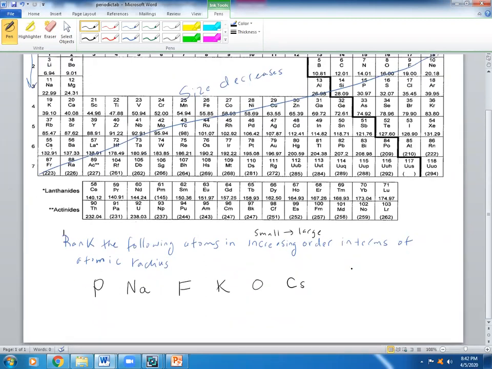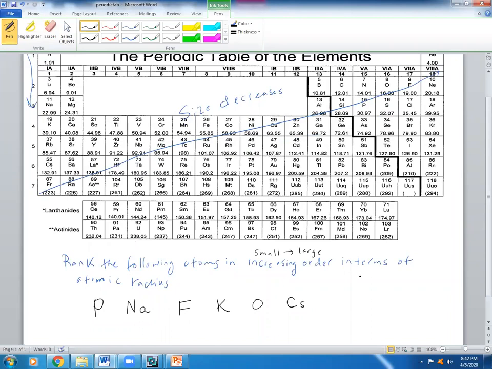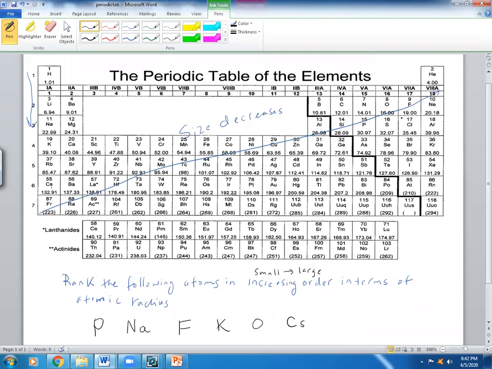Okay, let's begin. So we know that anything on the right side is small, all the way furthest to the right is the smallest. Anything closest to the left here is the largest. So let's start actually plotting them.